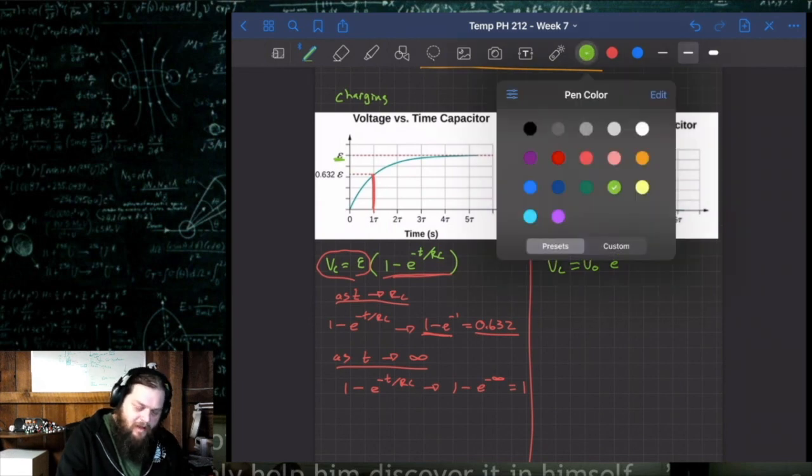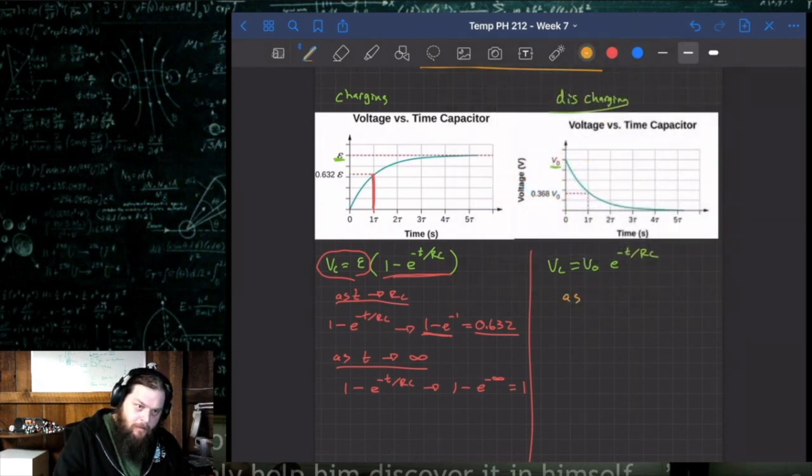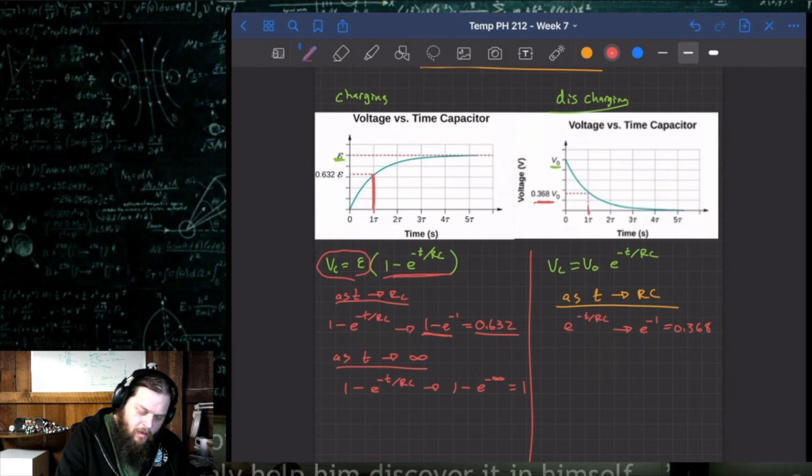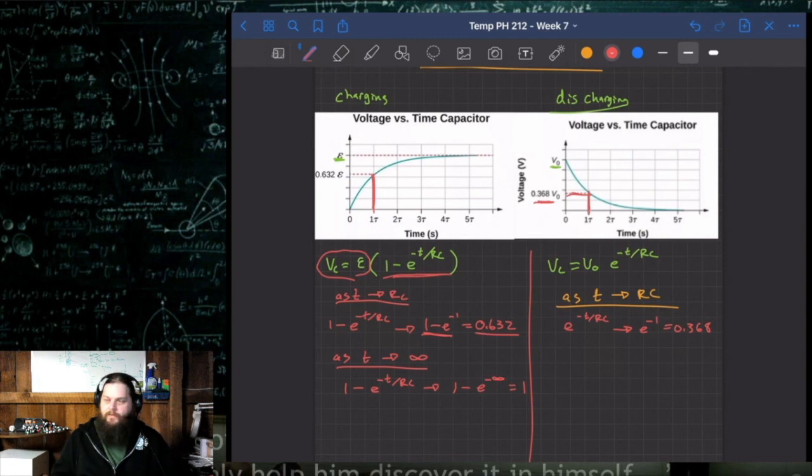So we can say that as t approaches RC, the e to the negative t over RC is going to approach e to the negative 1, which is equal to 0.368. And that's where this value comes in. At 1 time constant, our voltage has discharged down to about 37% of the original voltage on there.